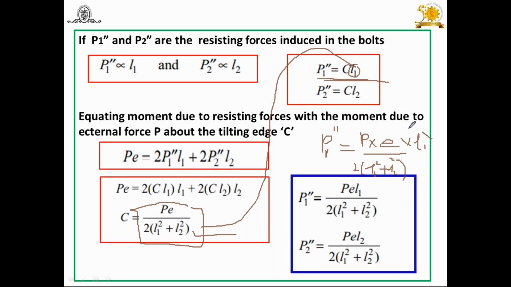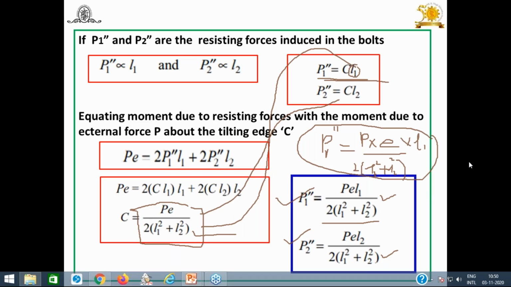Look at this. After substituting these values, you will get this equation. P1 double dash is equal to P into L1 upon 2 in bracket L1 square plus L2 square. Then similarly, you can substitute this C in another equation. So you will get P2 double dash is equal to P into L2 upon 2 in bracket L1 square plus L2 square.